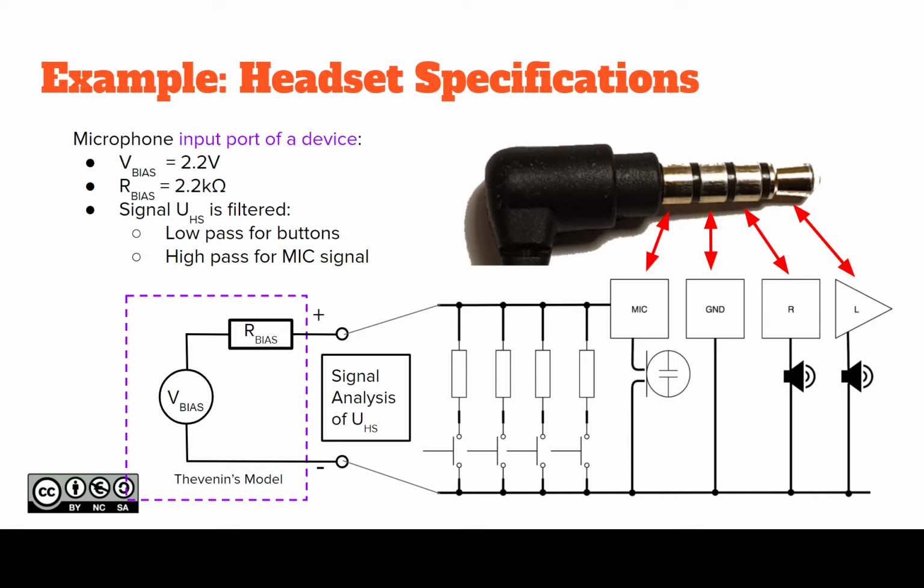When you bias that one, put a DC voltage across the capacitor, then the air pressure is vibrating that membrane up and down. So it goes closer and farther away from the other terminal, and that produces a very small current. But for that to work, you need to have a bias circuit.